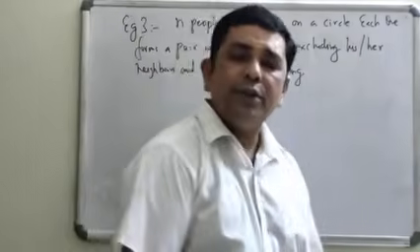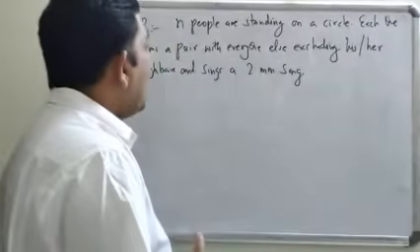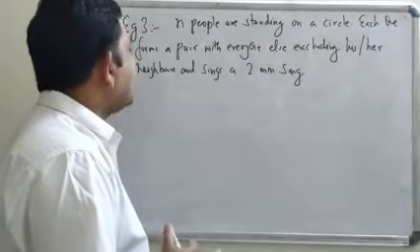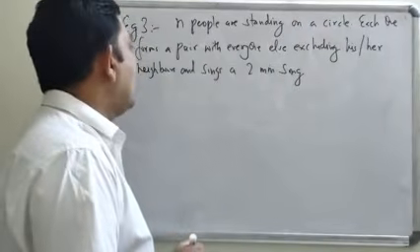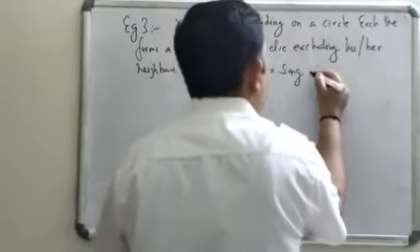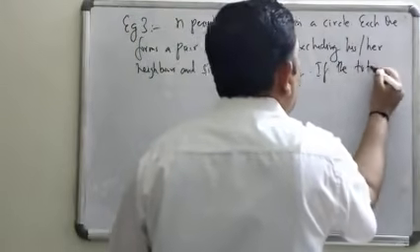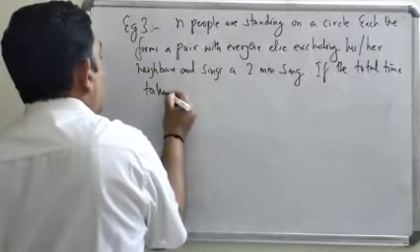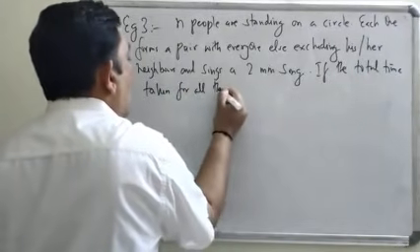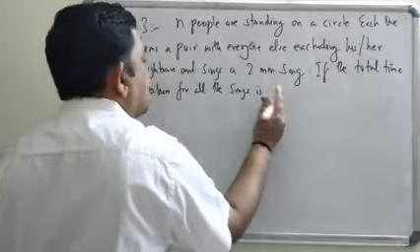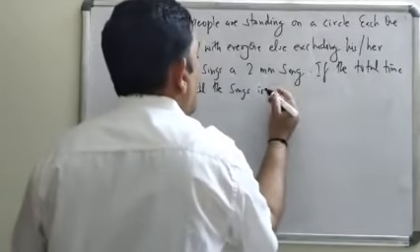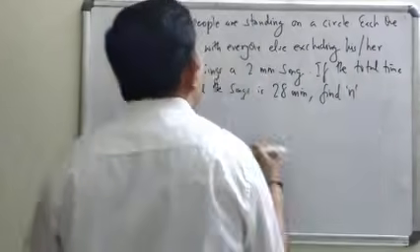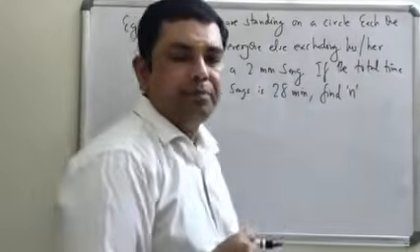Alright, what is the question? N people are standing on a circle. Each one forms a pair with everyone else excluding his or her neighbors and sings a 2-minute song. If the total time taken for all the songs is 28 minutes, find N. That is the question.